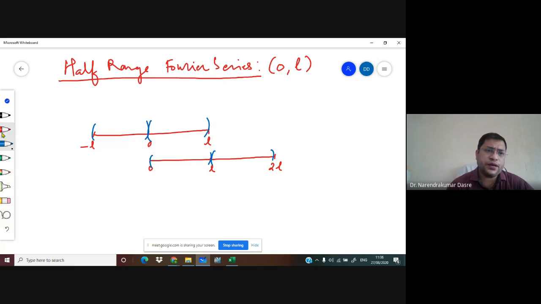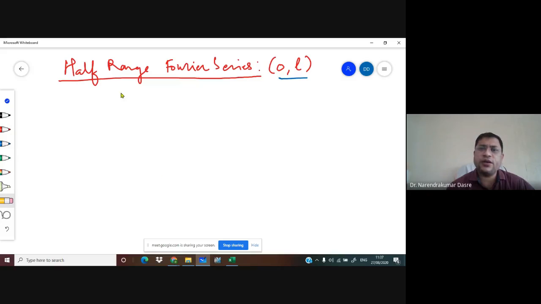So the limit for half range we consider is 0 to L. For the interval minus L to L, 0 to L is half, and for the interval 0 to 2L, 0 to L is half, and that's why we consider the half range series in the interval 0 to L.